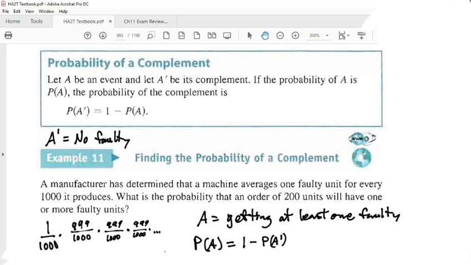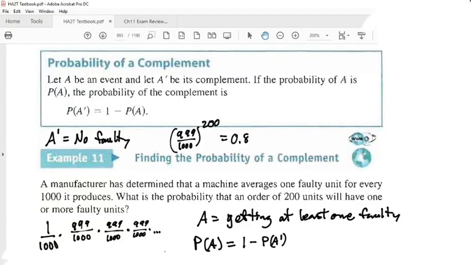You know why? Okay, now I have to do this 200 times. I have to take 999 over 1,000, and I have to multiply it to itself 200 times. Is there a cool operation in mathematics that allows me to? Yeah. So we're going to raise this to the 200th power. Yes, you're going to need your calculator for this. Can you guys take 999 over 1,000, divide that, and then raise that number to 200, and tell me what you get?